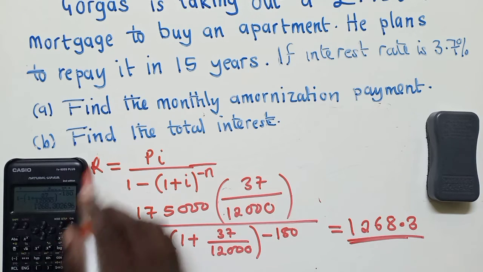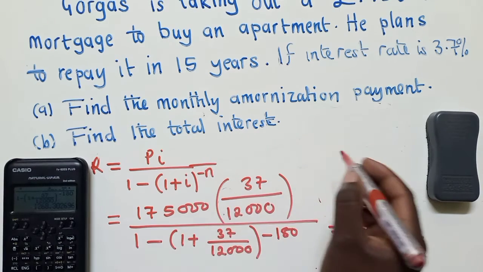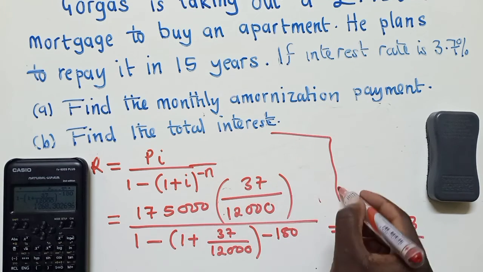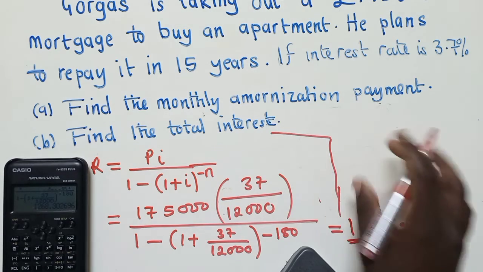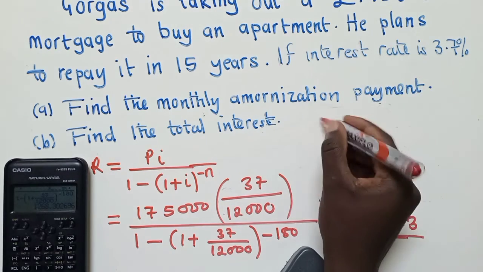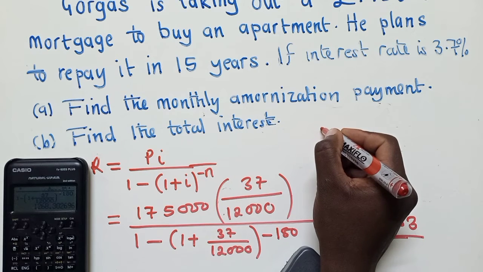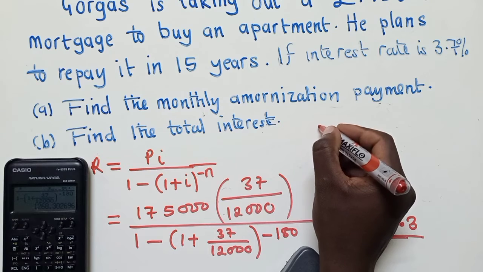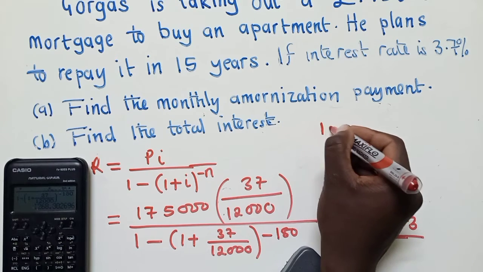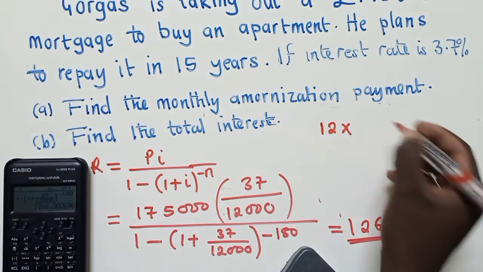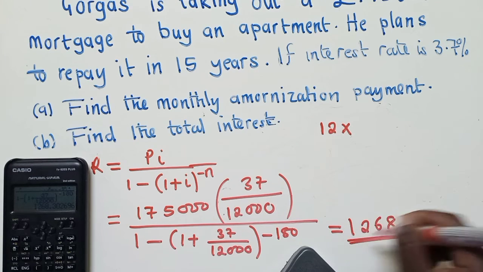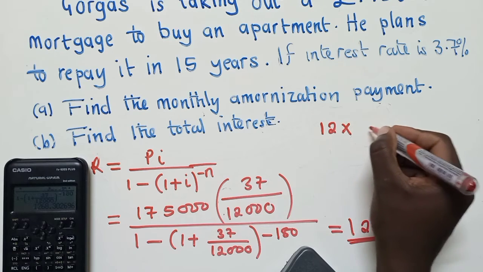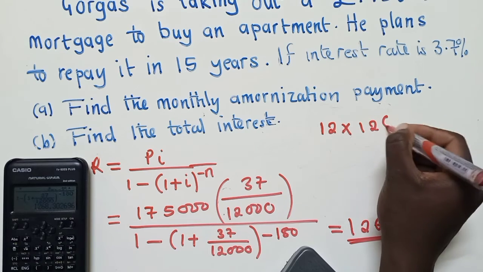Now for B, find the total interest. To find the total interest, what we're going to do is just find the interest in each month or in each year. So we're going to say 12 times the amount in each month, the amount that we found, which is this right here.